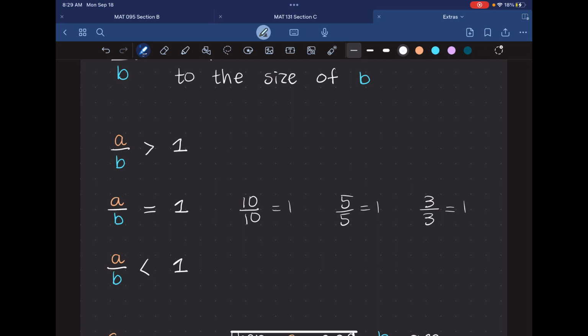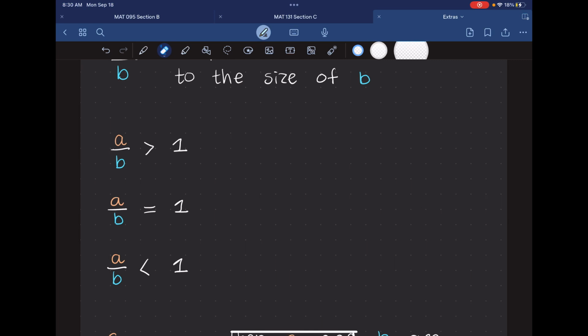because it's the same number, right? And then if we have that our ratio A to B is less than 1, that's going to mean that A is going to be less than B. But we can actually still interpret it as how many times A is as large as B. So let's say I take 2 to 4.